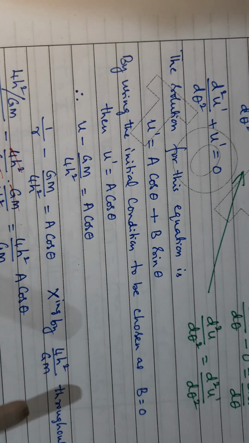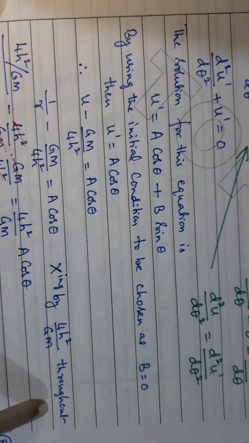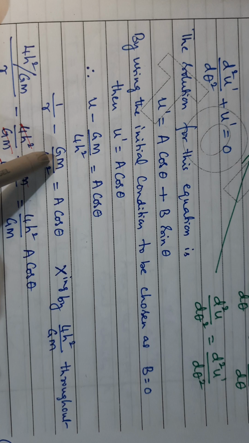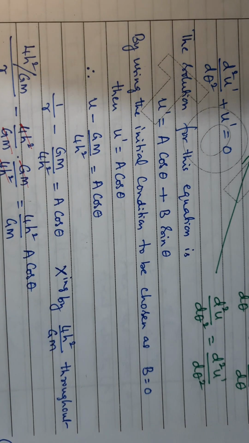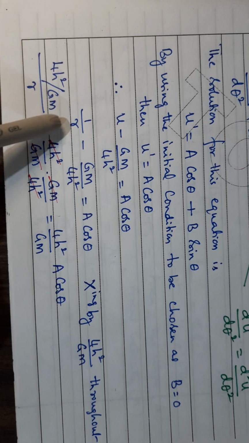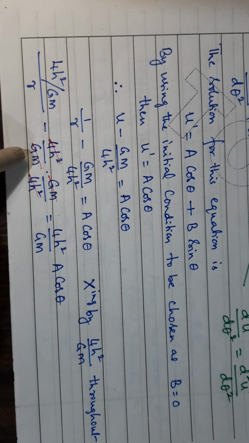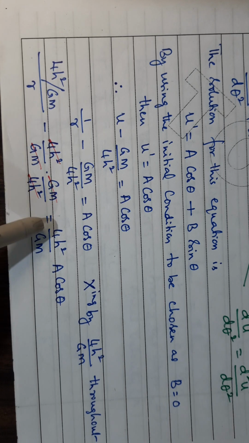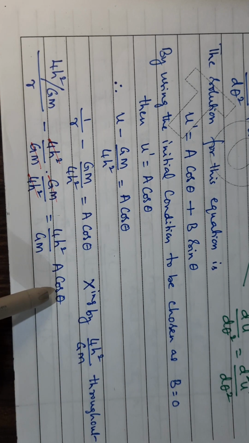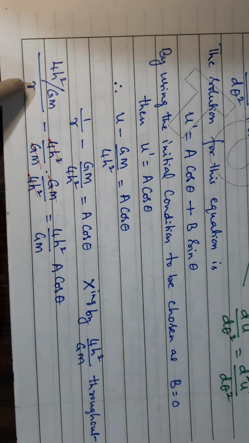Let us multiply throughout by 4h square divided by GM. Every term is multiplied by this. Therefore, you are going to have 4h square by GM into 1 by r minus 1 is equal to 4h square by GM into A cos theta. Here the GM coming in the denominator gets cancelled.